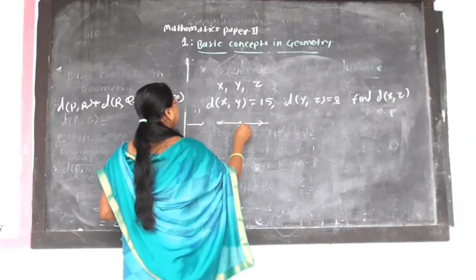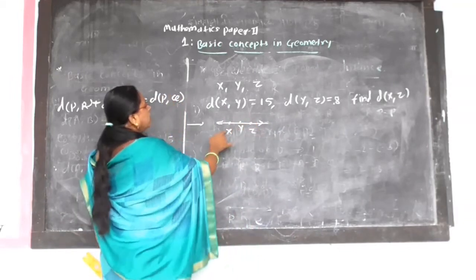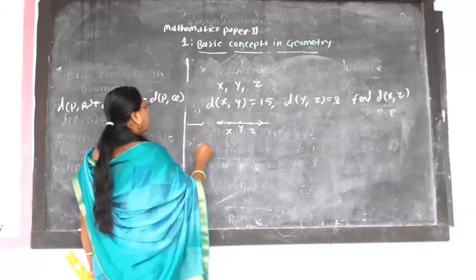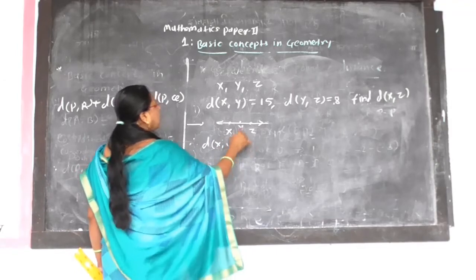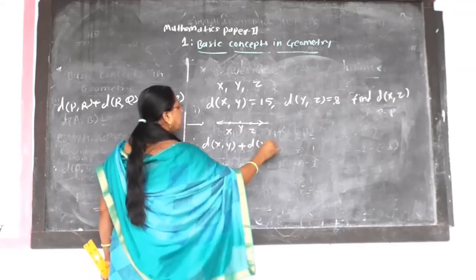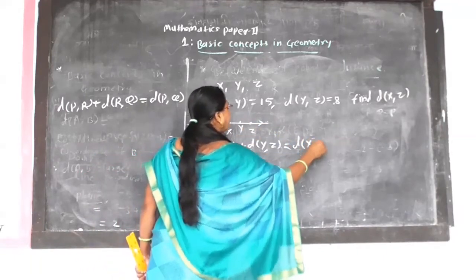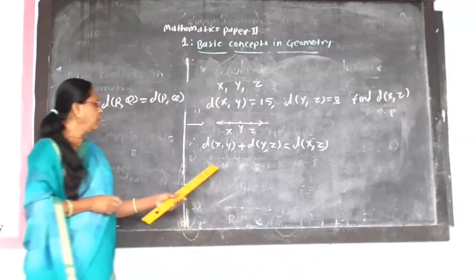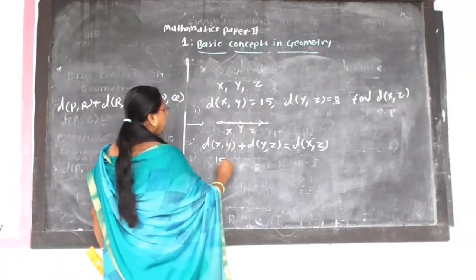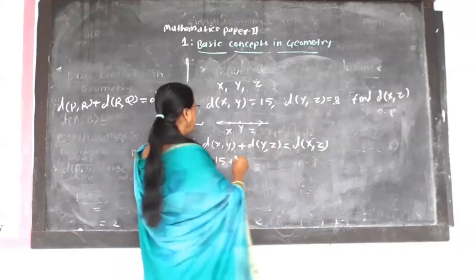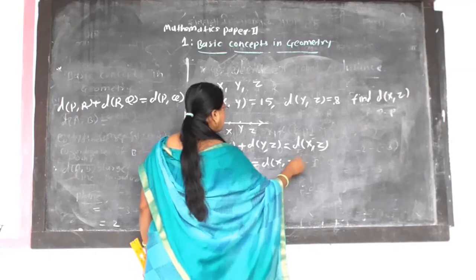Y lies between X and Z, and therefore we can write distance XY plus distance YZ equal to distance XZ.